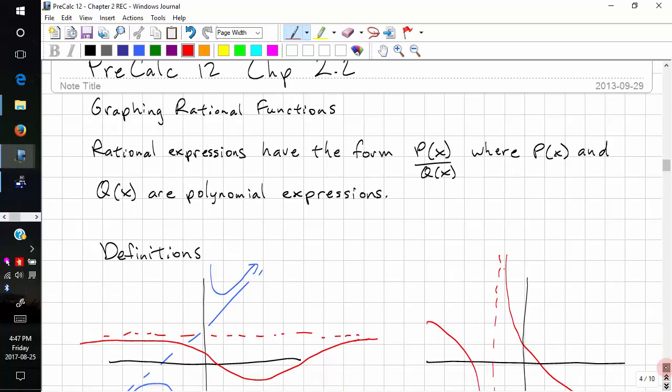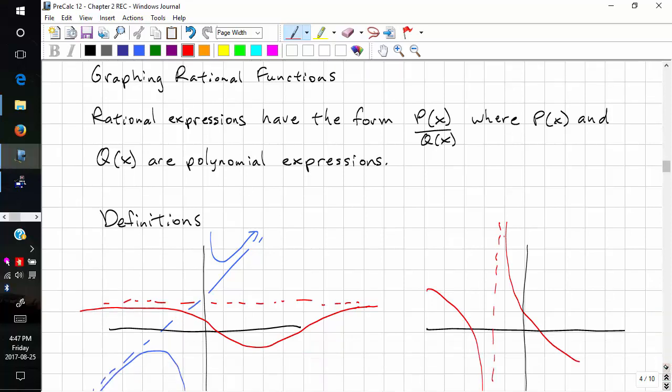So let's go over some definitions. This red dotted line is the horizontal asymptote. We use the abbreviation HA.